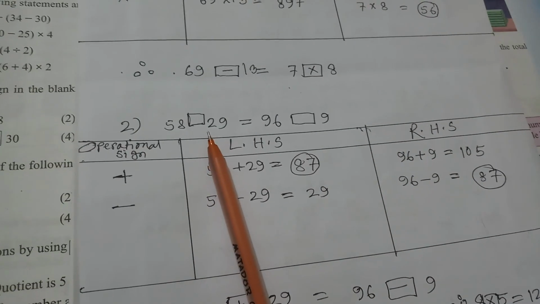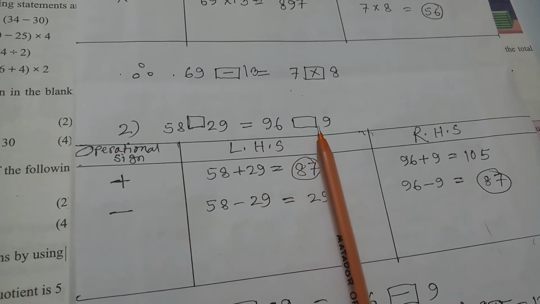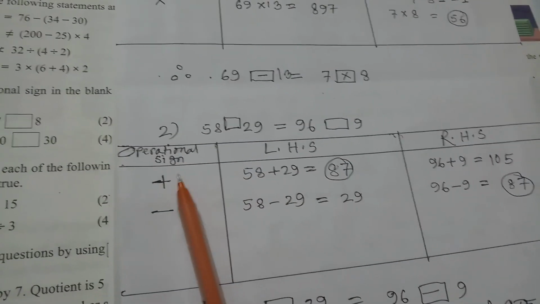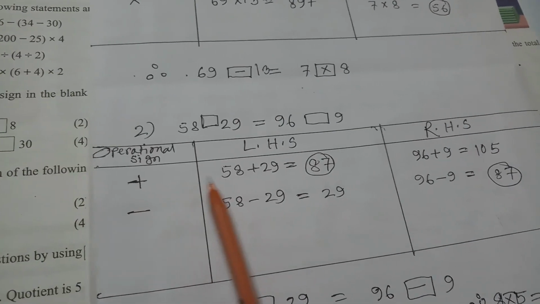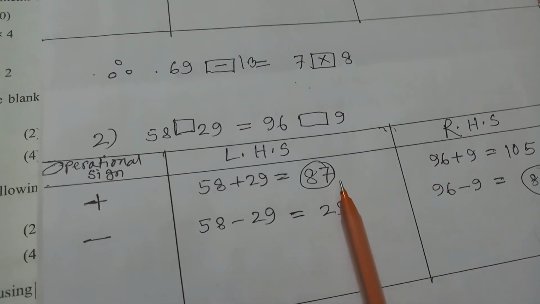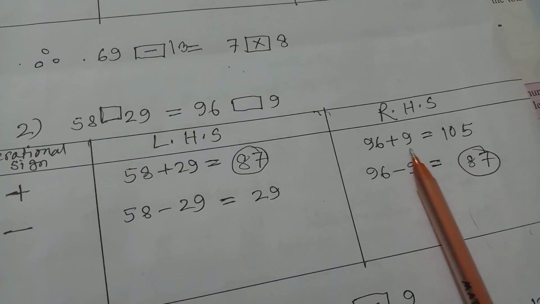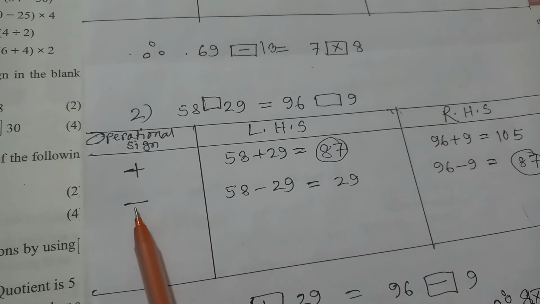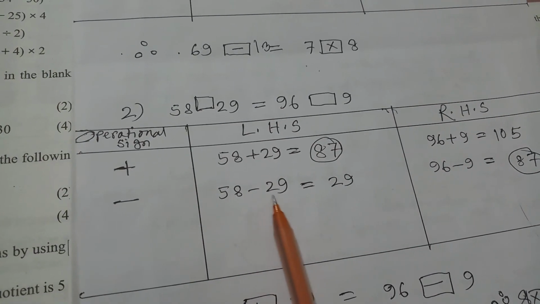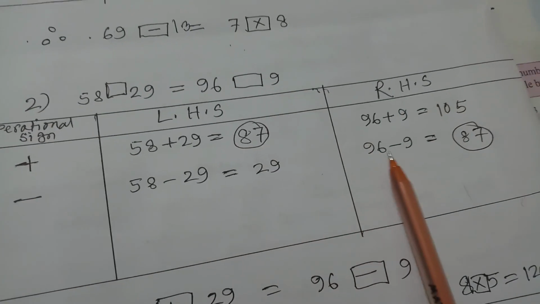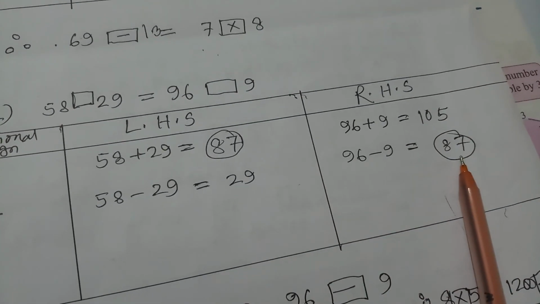58 box 29 equal to 96 box 9. For addition, left hand side 58 plus 29 equal to 87, and right hand side 96 plus 9 equal to 105. Next, subtraction: 58 minus 29 equal to 29, and right hand side 96 minus 9 equal to 87.